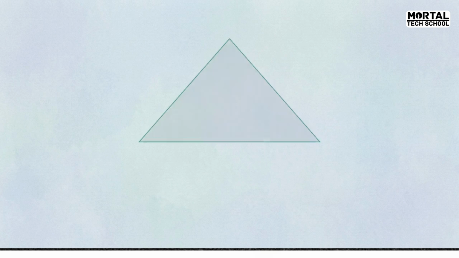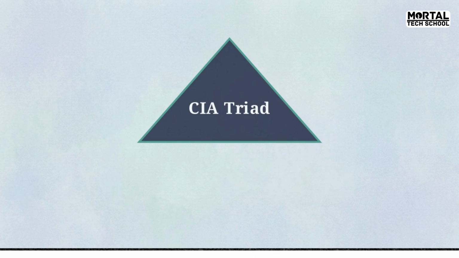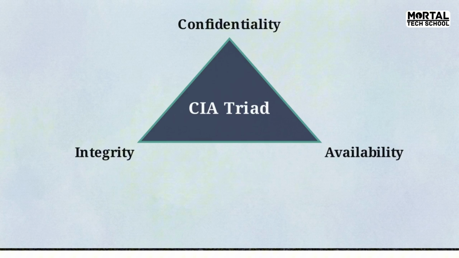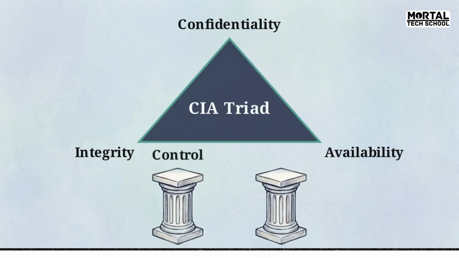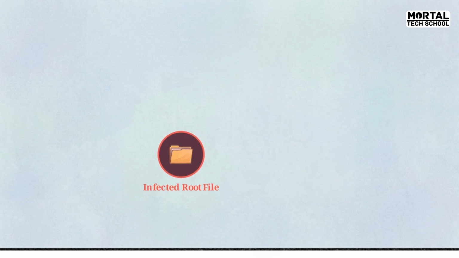This graph maps the 5 goals of security. At the center is the CIA triad, ensuring confidentiality, integrity, and availability. Supporting that triangle are 2 pillars: control, which limits access, and audit, logging actions to monitor what happens inside the system. When controls fail, the damage scales rapidly. This infection chain tracks the fallout, starting locally with the deletion or theft of your stored data.